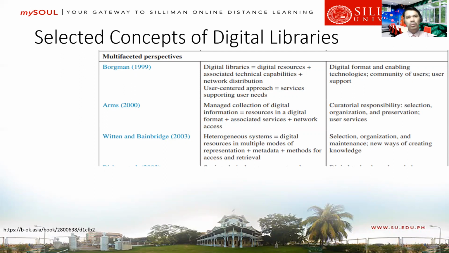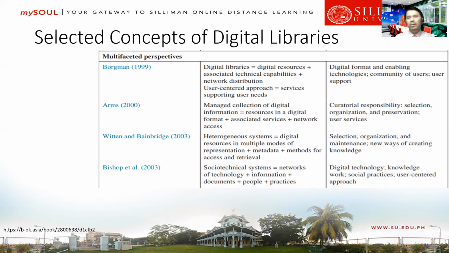In relation to components, Witten and Bainbridge emphasize that digital resources are produced in multiple modes of representation, with metadata and methods for access and retrieval. I will explain metadata further as we go on in our discussion.